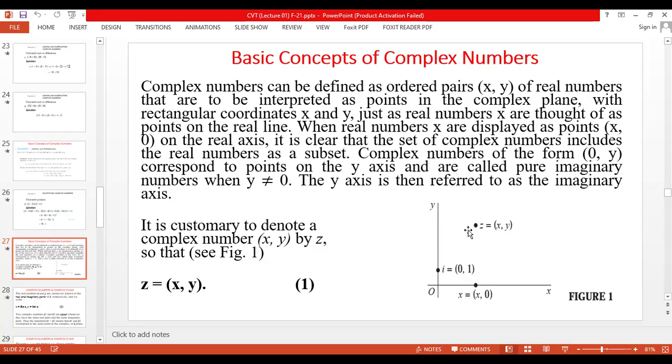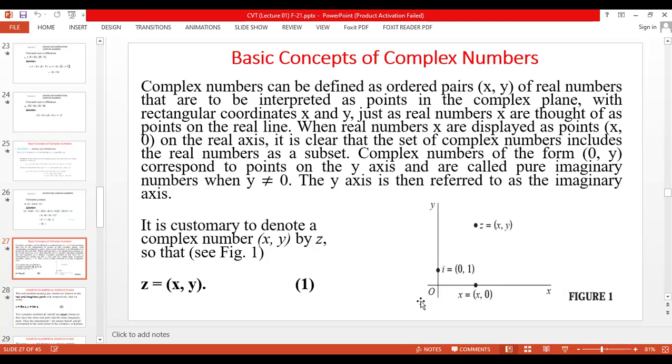The combination of real plus imaginary looks like this. If we map the value of x with imaginary value 0, it is represented in this form, and if we map the imaginary value, that is 0 comma 1, it is placed over here.